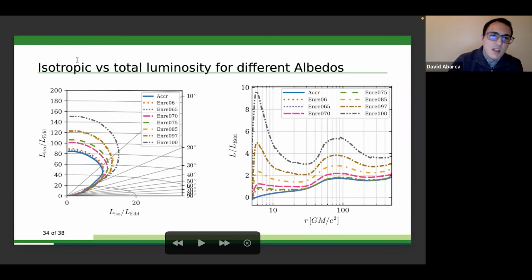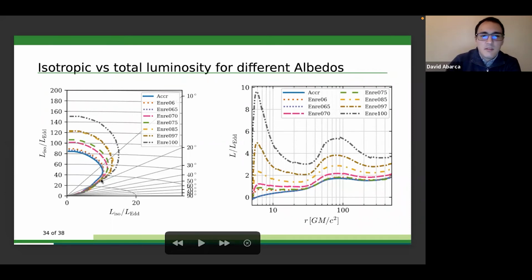So this is like saying, if we're viewing the simulation along the pole, just straight down, this is the luminosity we see. If we're looking at 10 degrees, this is the luminosity we measure. If we're looking at 70 degrees, this is the luminosity we measure. So you can see that pretty much all of the radiation is confined to within about 20 degrees.